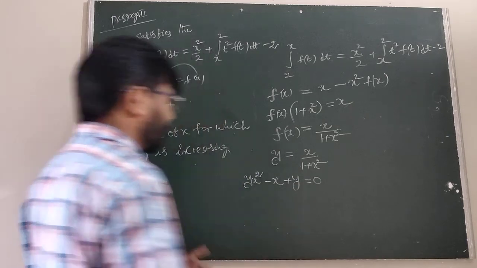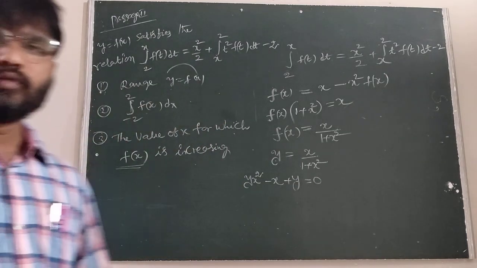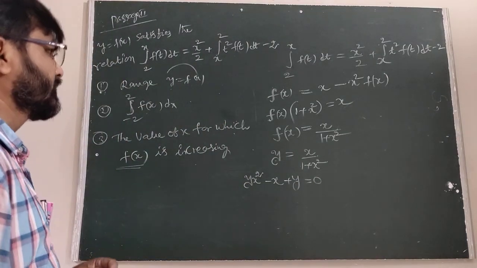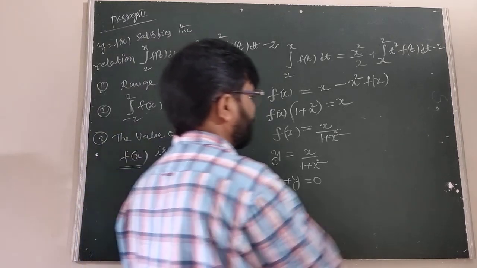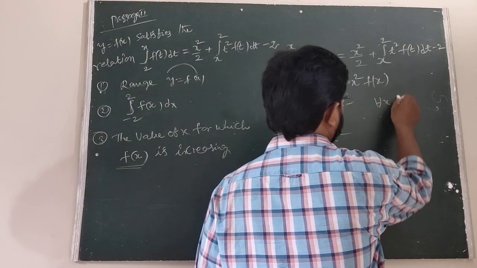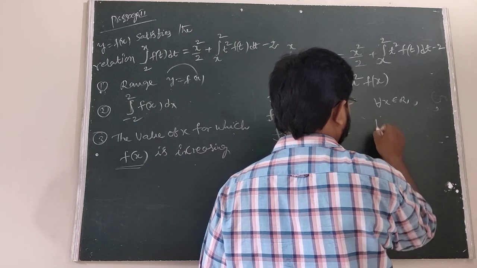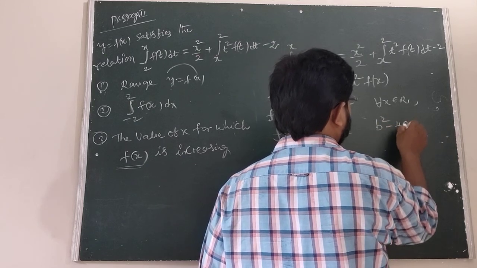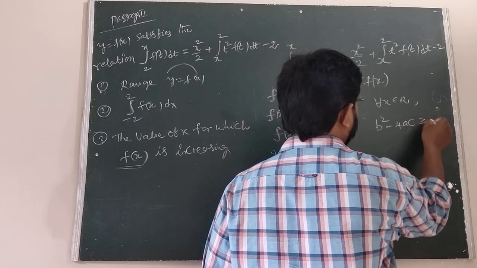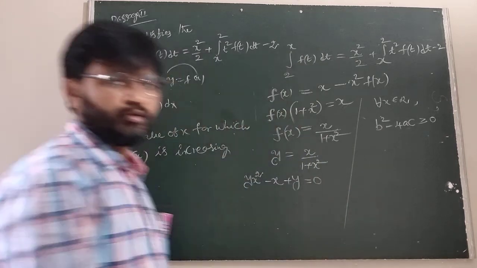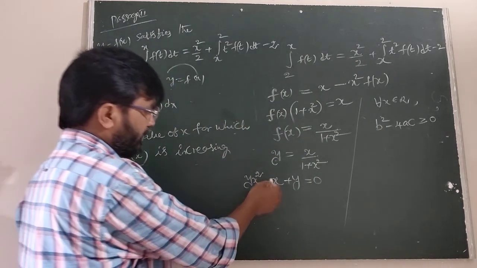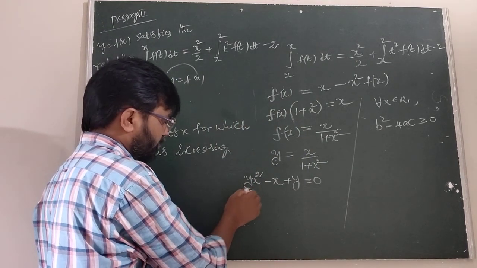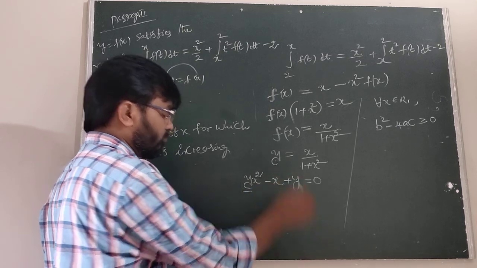So we have to know that in quadratic expressions, for all x belongs to R, when x is real, the discriminant b square minus 4ac must be greater than or equal to 0. Here a is y, b is minus 1, c is y.